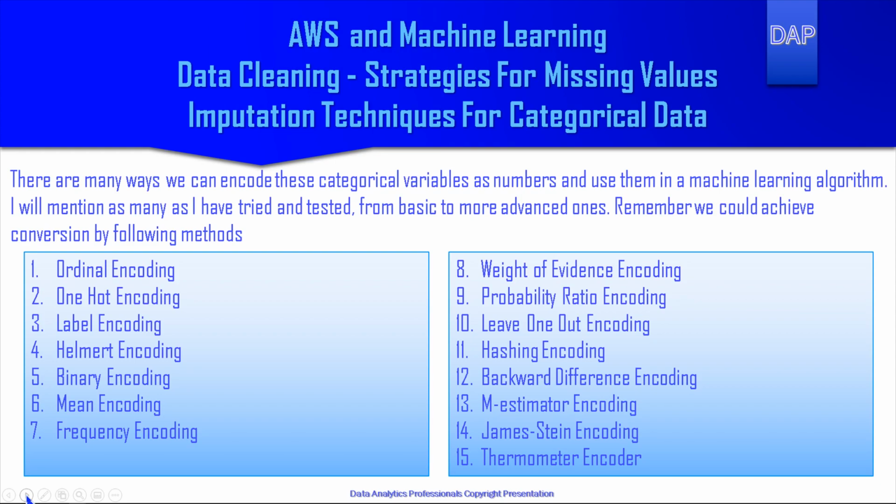I will take a simple example of some data and show you how we can use each one of them on the data set, just to understand how it works. Then I'm going to take ordinal encoding and one hot encoding separately.